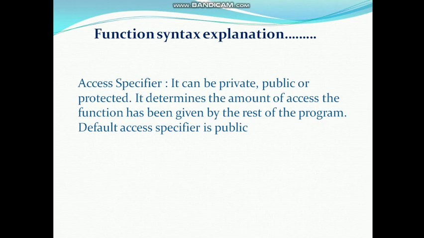It determines the amount of access the function has been given by the rest of the program, and this you will understand when we deal with the programs. And default access specifier is public. That means whenever you are not including any access specifier, the compiler itself will give by default the access specifier as public.